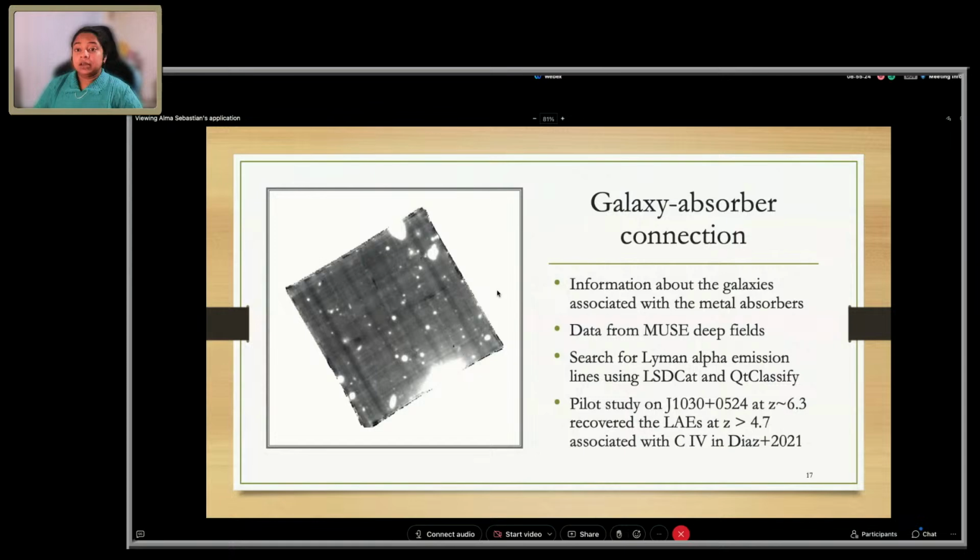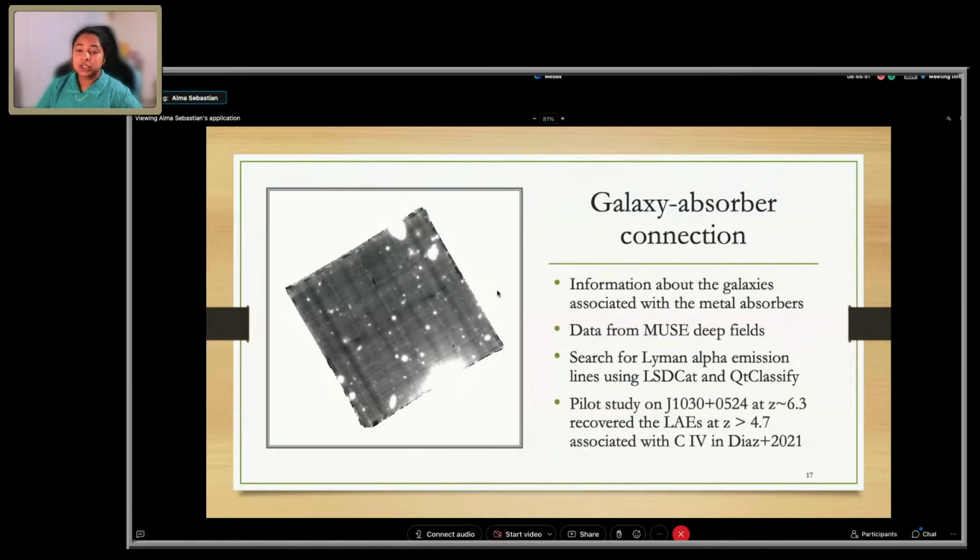Apart from understanding the evolution of the metal absorbers, it is equally important to understand what type of galaxies produced these heavy elements in the CGM. Therefore, using data from MUSE deep fields, we will be searching for Lyman alpha emission lines using software such as LSDCat and then classify them using QtClassify.